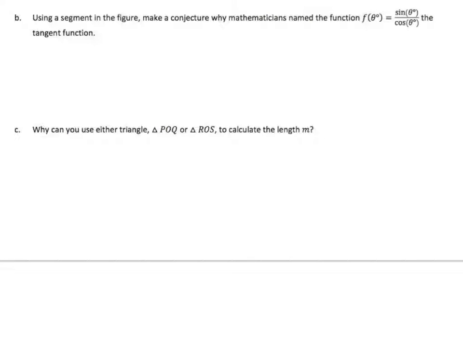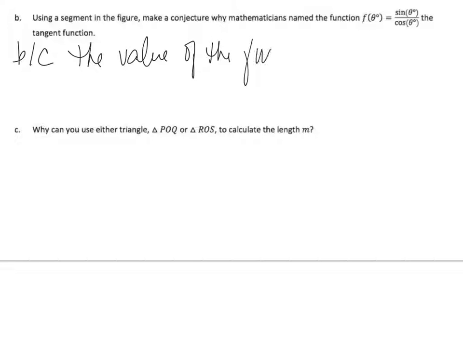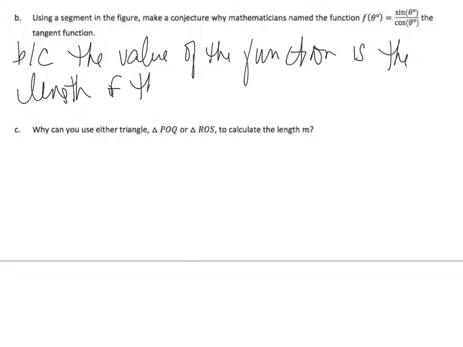Using a segment in the figure, make a conjecture why mathematicians named the function of theta equals sine over cosine the tangent function. Okay, random answers. Maybe because the value of the function, the answer to the question, is the length of the segment that is tangent to the circle.